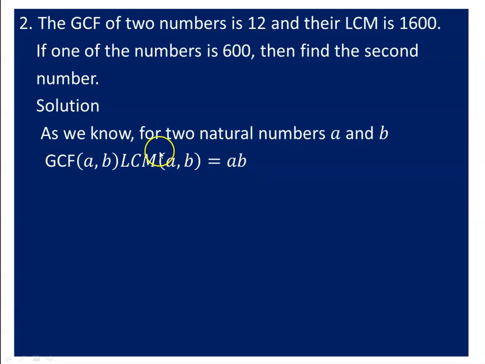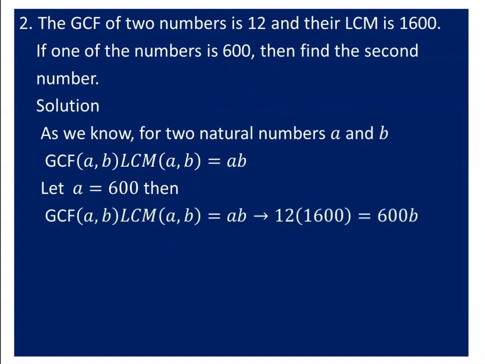So consider the first one to be 600. Now we are looking for the second one, which is b. So make a to be 600, in your assumption. So if a is 600, then our interest is to determine b, because you are asked to find the second one. So the GCF of a and b times the LCM of a and b, the greatest common factor GCF is already given, it is 12.